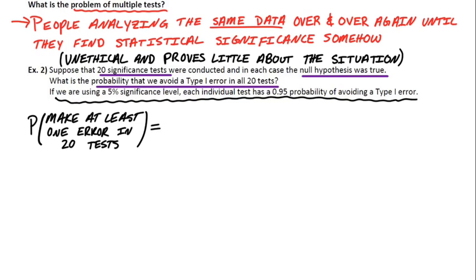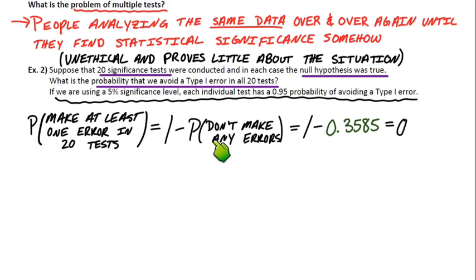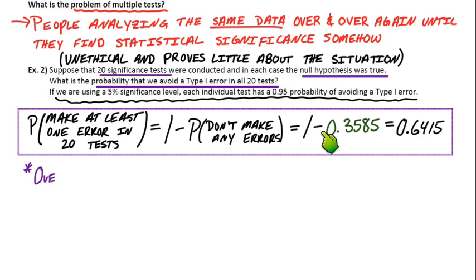If you remember anything from chapter 5, probability, like the probability you make at least one, think about the complement of that. That'd be 1 minus the probability that you don't make any errors. Right? That's the only case where you're not making at least one error. So we just found this. So that's just 1 minus 0.3585, which gives us 0.6415.